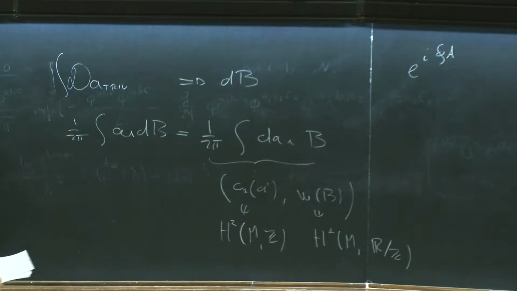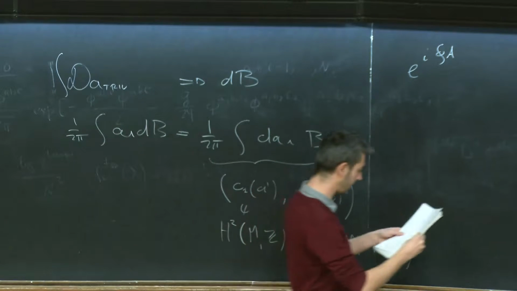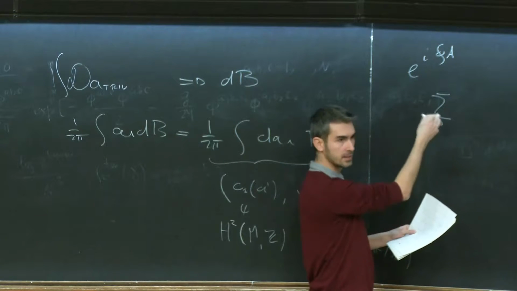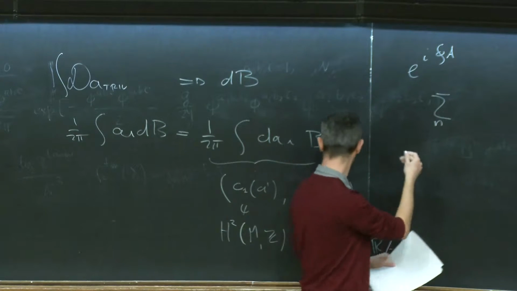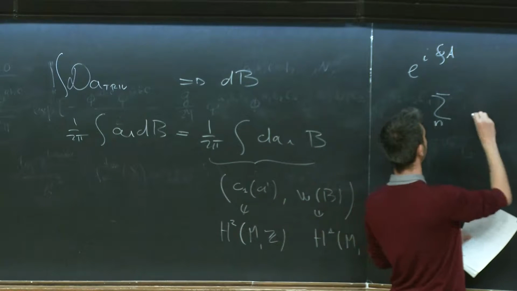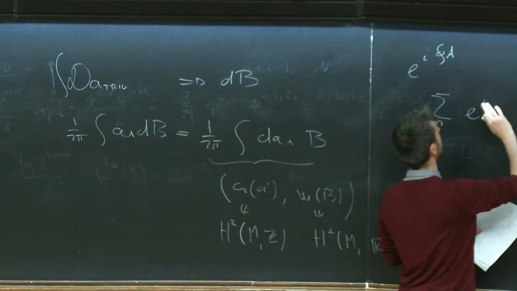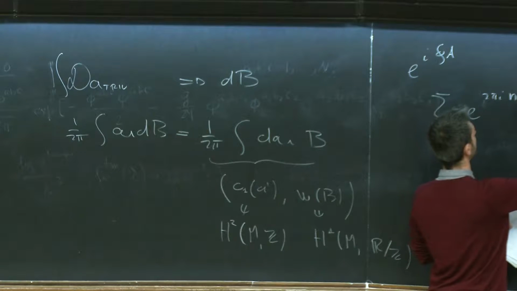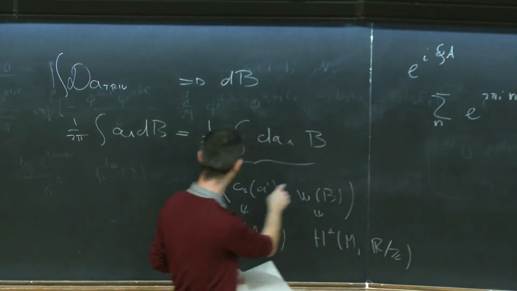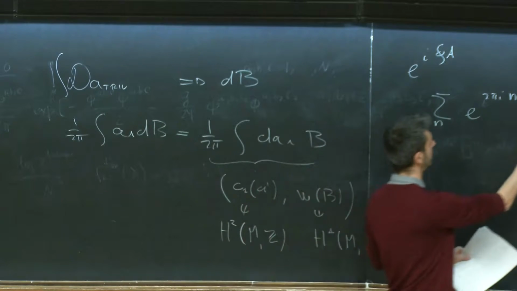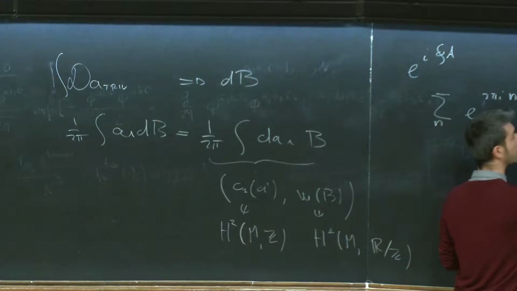So when we do this sum over all these bundles, let me simplify and suppose that there is just one single 2-cycle for these first Chern classes. It will be a sum of e to the 2 pi i n omega, where n is the first Chern class and omega is this Wilson line, and this gives us the delta on omega.